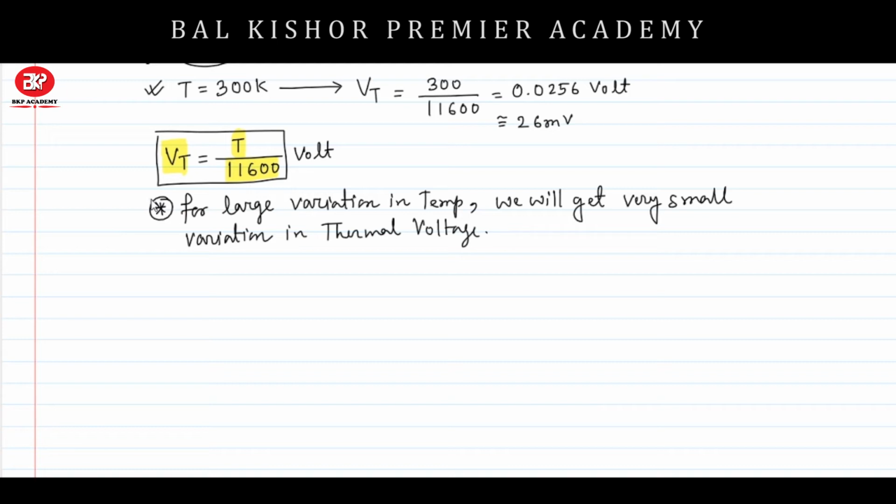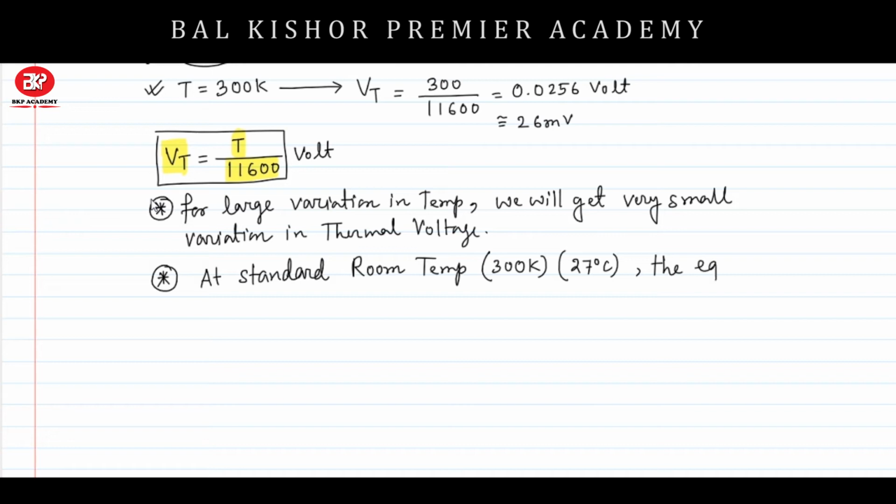Now the second conclusion we can draw here is that at standard room temperature, that is at 300 Kelvin, or we can say 27 degrees centigrade, the equivalent thermal voltage Vt is equal to 26 millivolt.